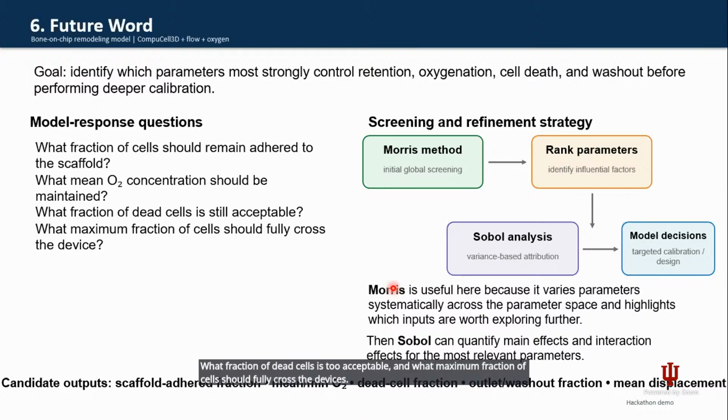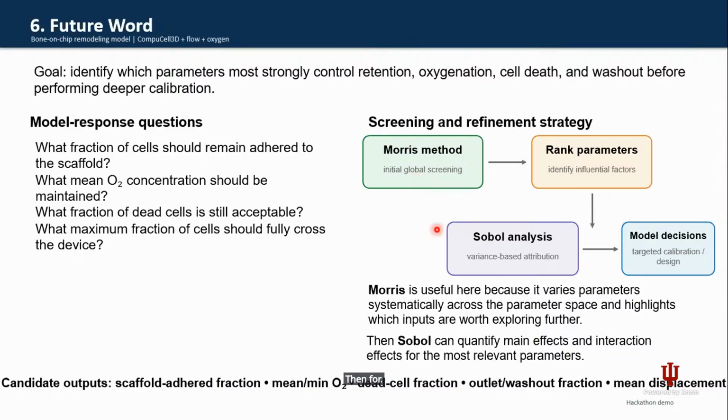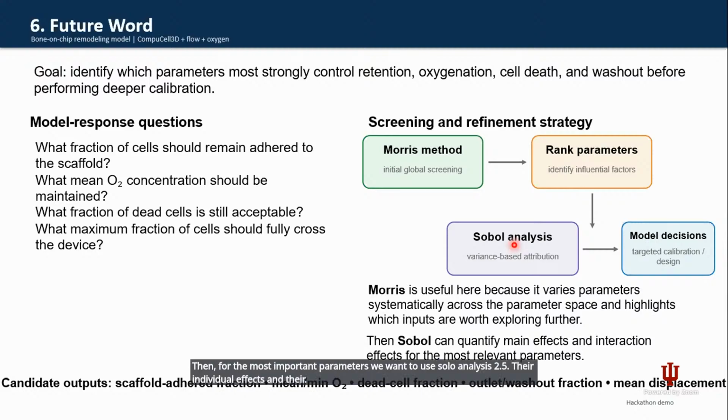We will first use the Morris method for global screening to identify which parameters actually influence these outputs. Then for the most important parameters, we want to use Sobol analysis to quantify their individual effects and their interactions.